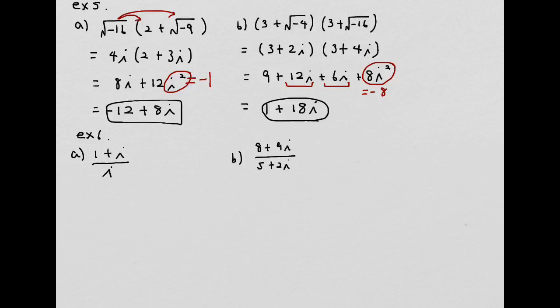It means we need to multiply this by i over i. So then you have two terms multiplied by one term, and you're going to distribute the one term. And the denominator will be i squared. What does that mean? Well, remember i squared is -1.